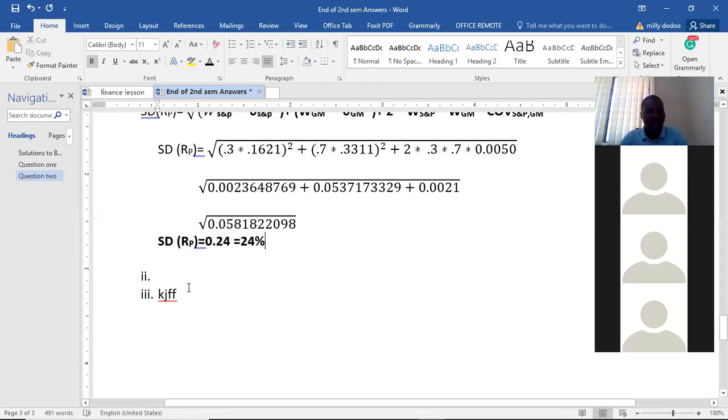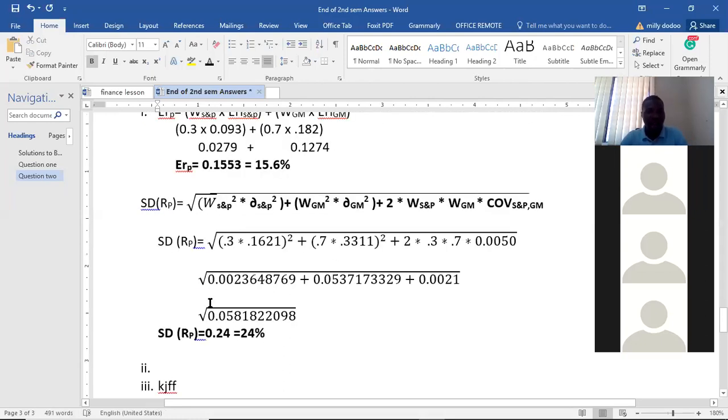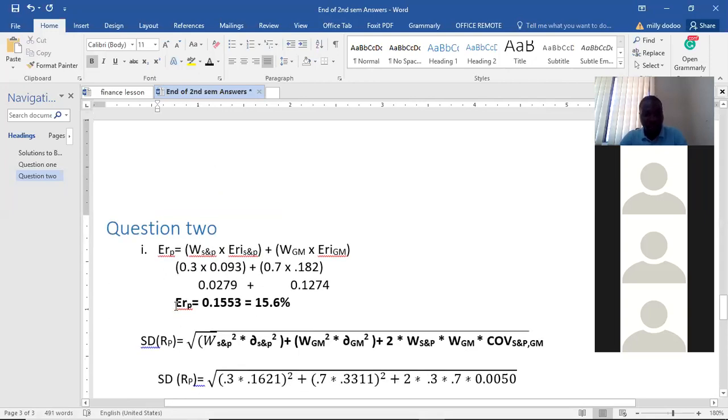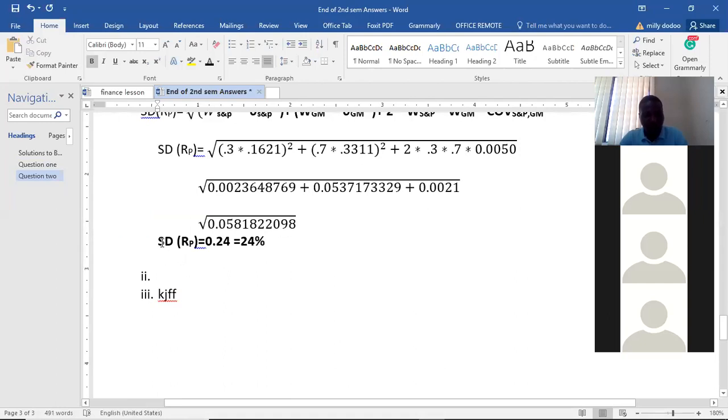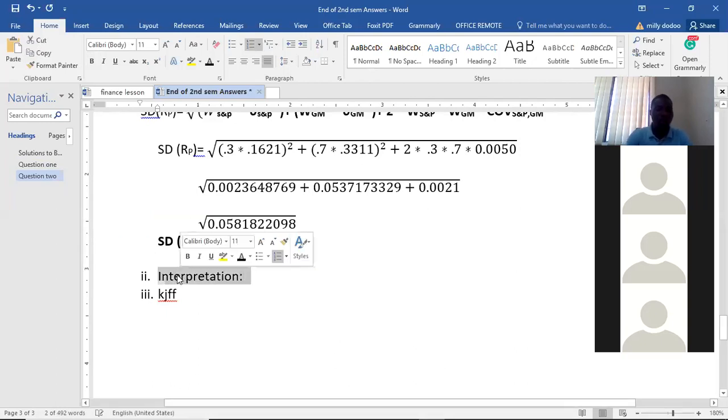So this is the answer for the I. The I wanted you to find the expected portfolio return and then also find the portfolio standard deviation. Then I want you to interpret. I've taught you how to do the interpretation. So what will you say?